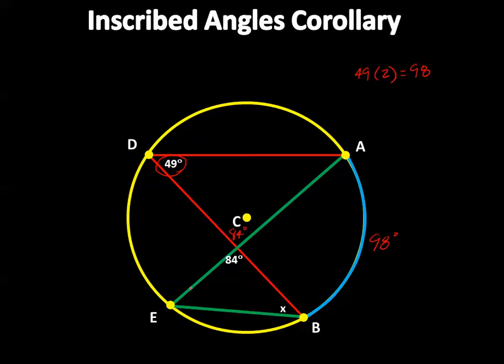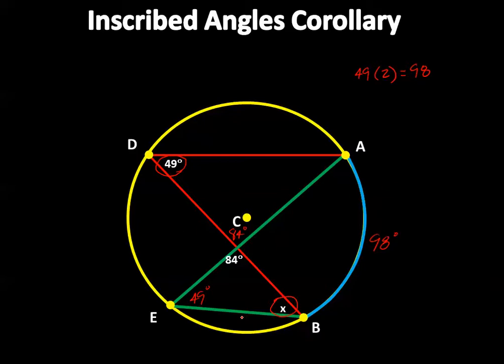And guess what? Inscribed angle AEB also intercepts arc AB. So I know that the measure of that angle is also 49 degrees. Now, if I want to find out what x is, I can use the triangle sum theorem and calculate what x is going to be.